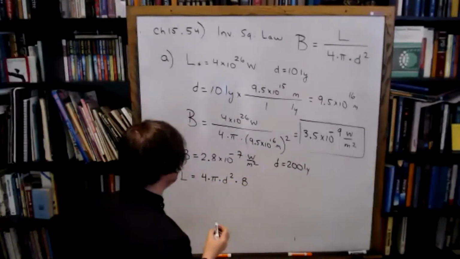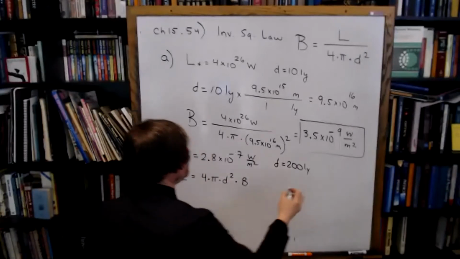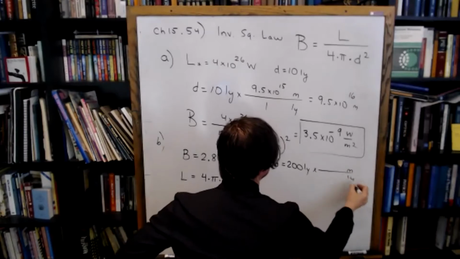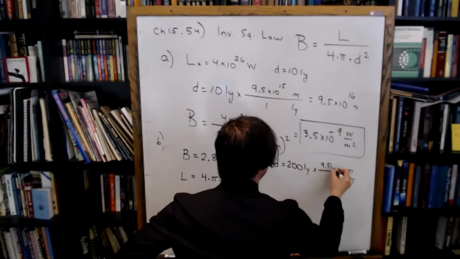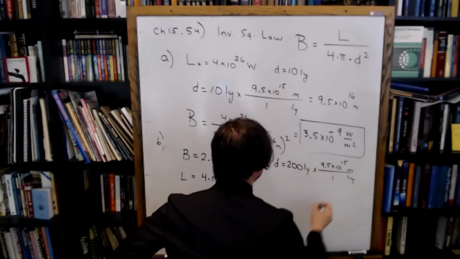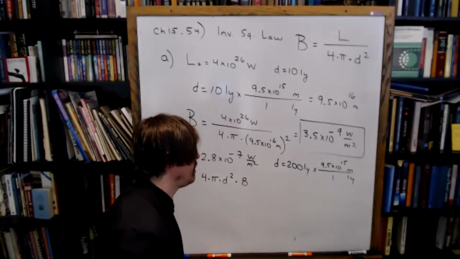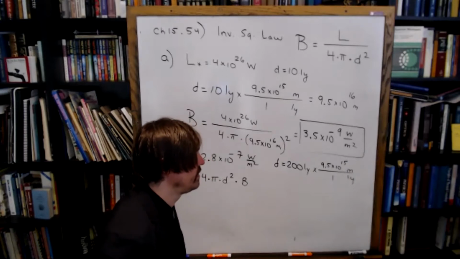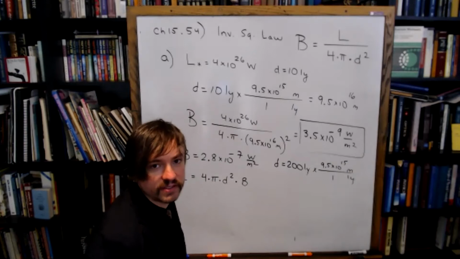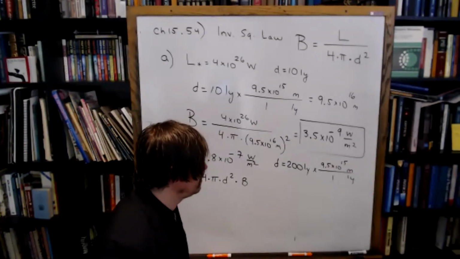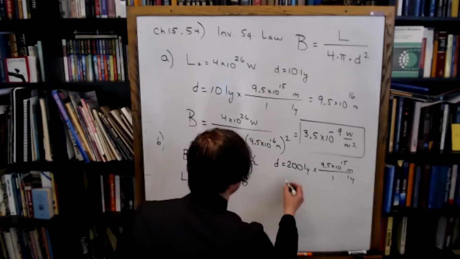All right, let's plug in our value. 200 light years. Let's hastily convert that to meters. 9.5 times 10 to the 15 meters per light year. 9.5 times 2, 9 times 2 is 18, so 1.9 times 10 to the 18th.